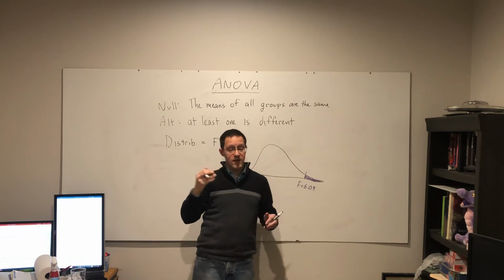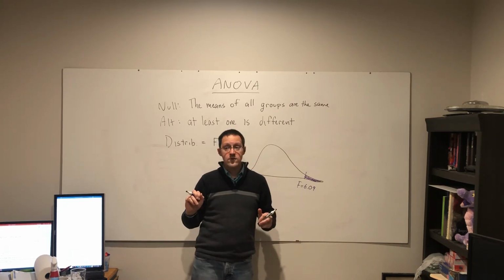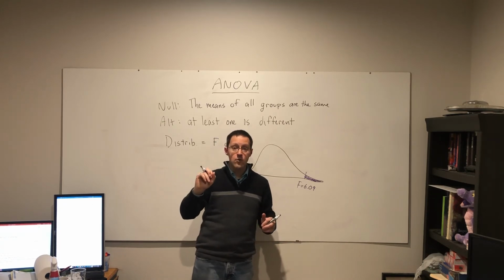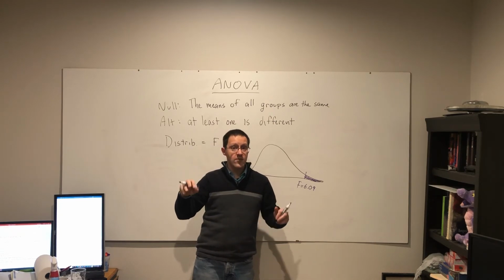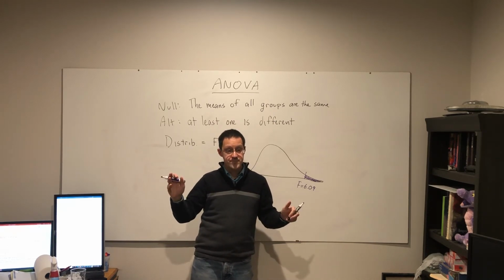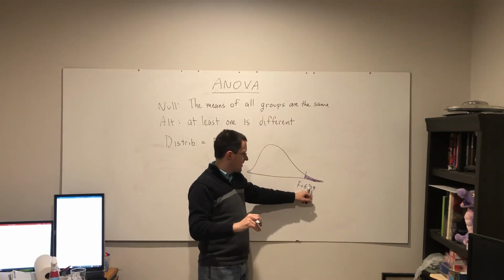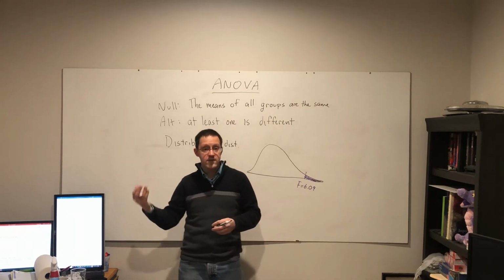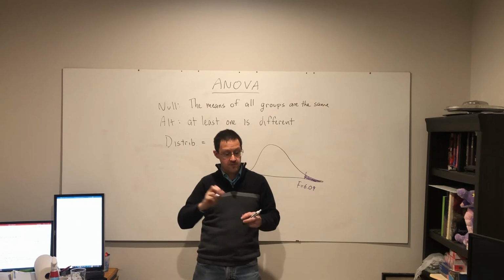In the broader sense, it would be best for you to choose, I want to use 0.1 or 0.05 or 0.01 or whatever value I want, based upon the consequences of getting it wrong. And I compare, I get my p-value, and I use that again to make a decision of, do I believe the null or the alternative hypothesis?